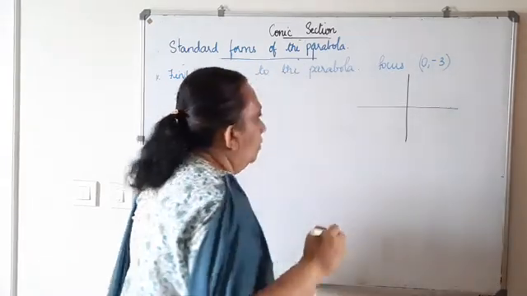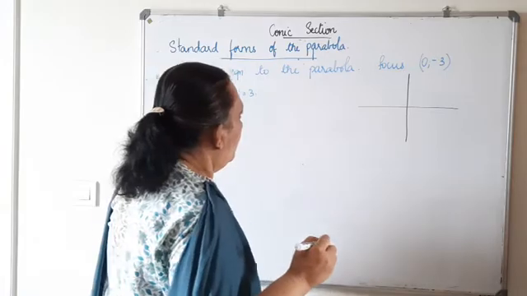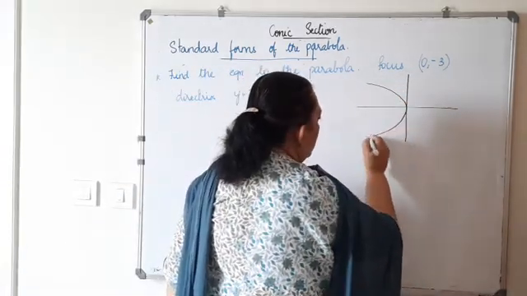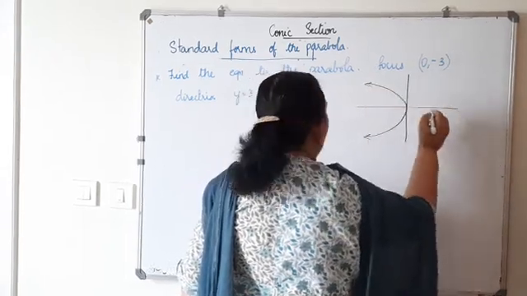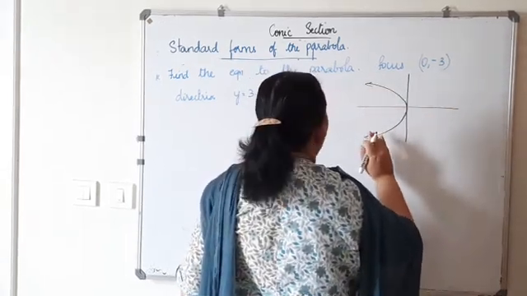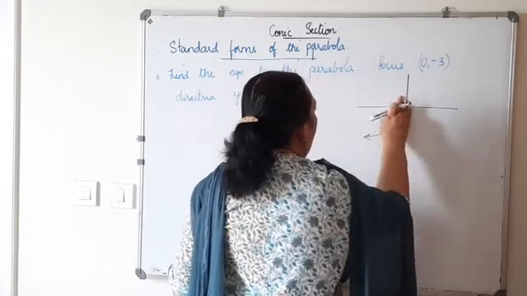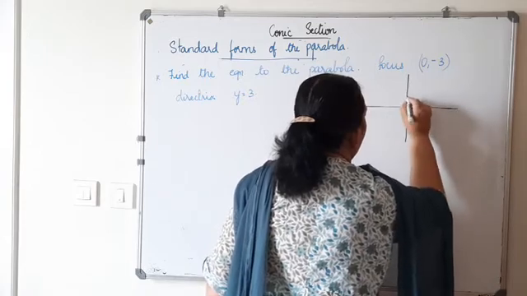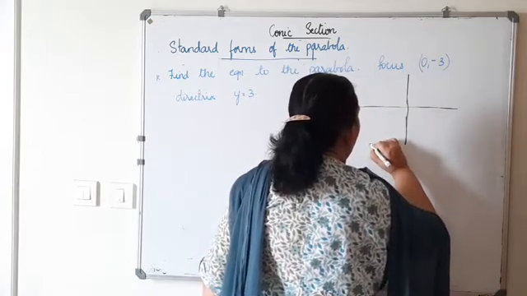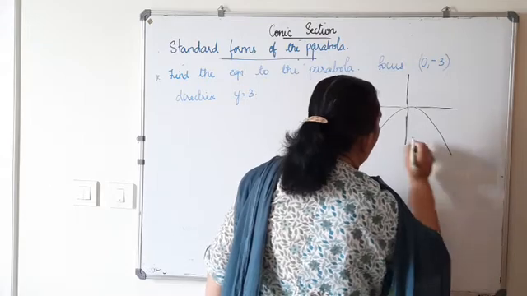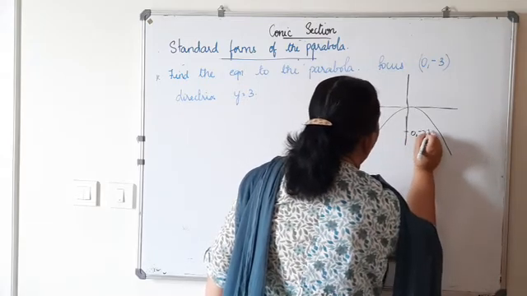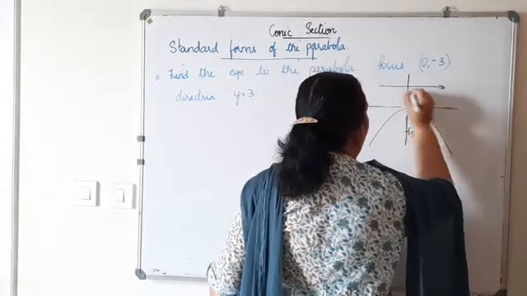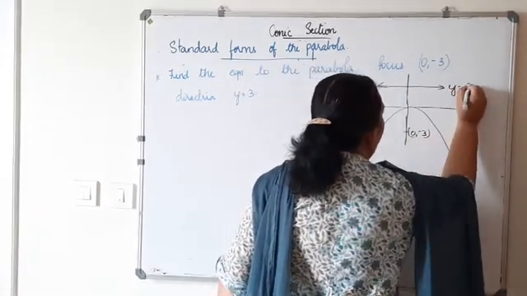So, what is the nature of the parabola? The parabola opens downwards, since the focus is 0 comma minus 3 and the directrix is y is equal to 3.